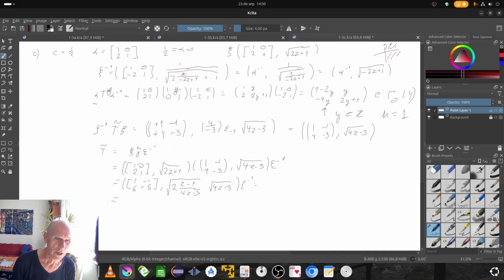Let's believe we have sufficient room. That's not pretty. That's really not pretty.